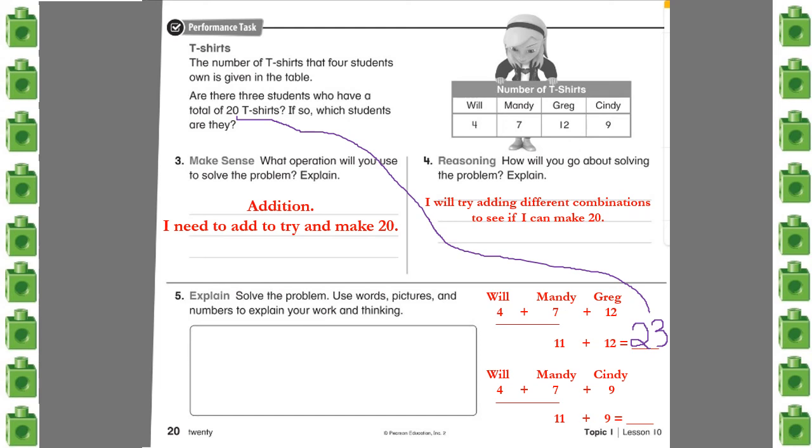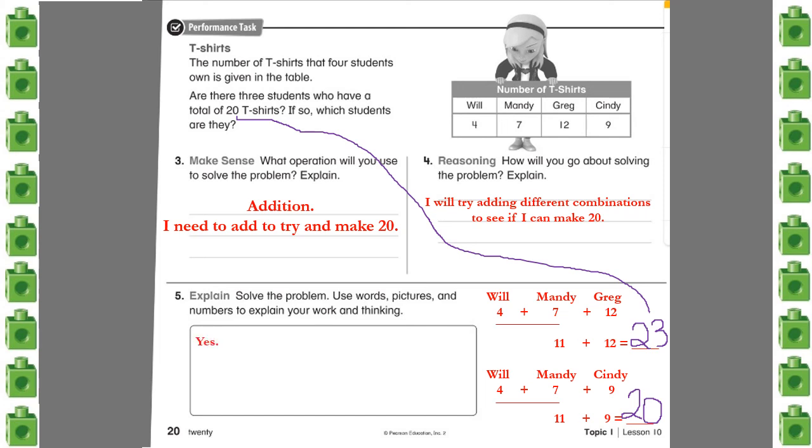And hopefully you figured this out. If you haven't, take a moment now to pause and figure it out. 11 plus 9 equals 20. Okay, so are there 3 students who have a total of 20 T-shirts? If so, which students are they?